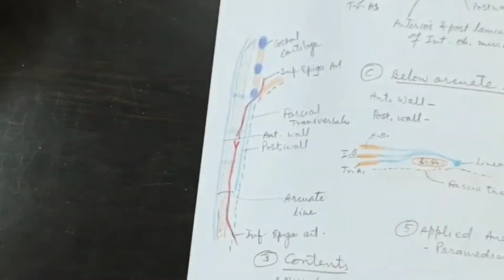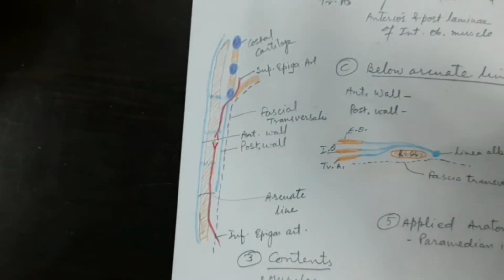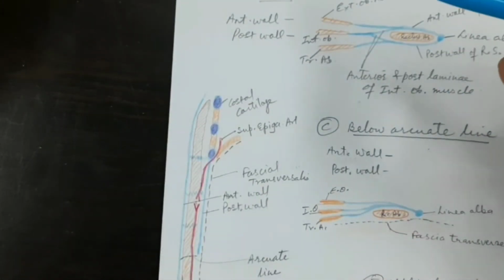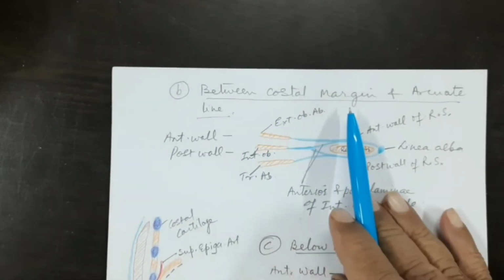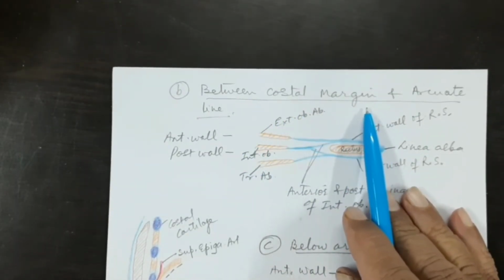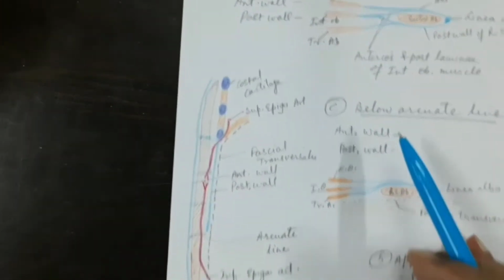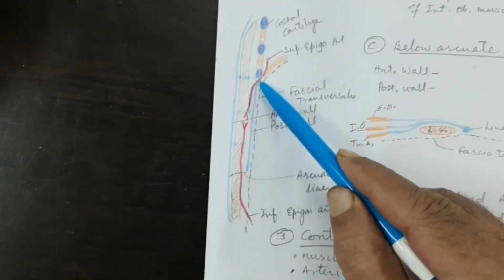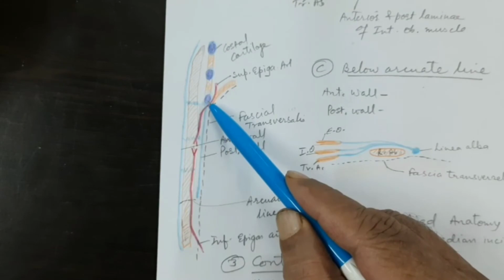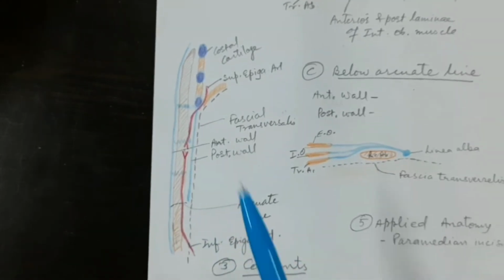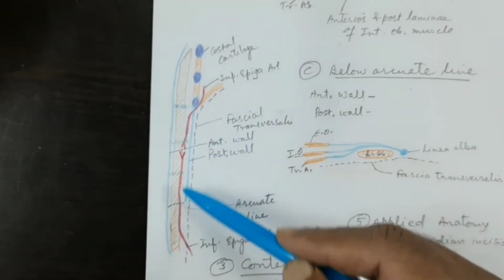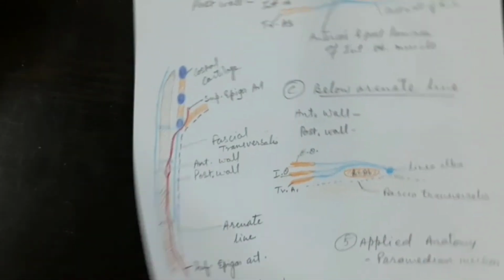Let us come to the formation of the rectus sheath between the costal margin and the arcuate line. See here in this diagram, this is the costal margin, and between the costal margin and up to the arcuate line, what are the structures which form the rectus sheath here?